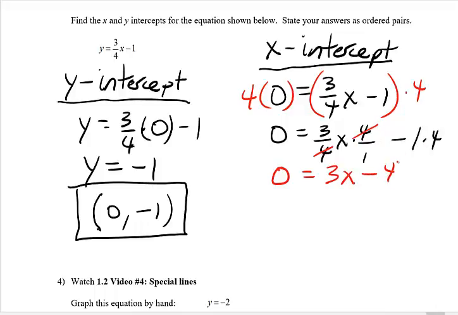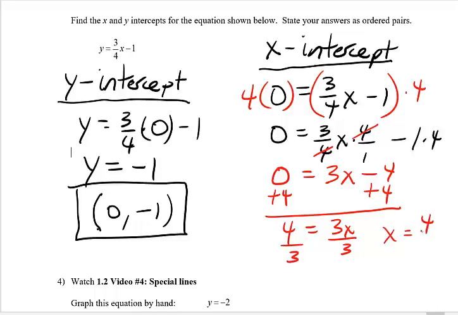Then I just have a couple of simple algebra steps left. I'll add 4 to both sides. I'll divide both sides by 3. And I end up with x equals 4/3.